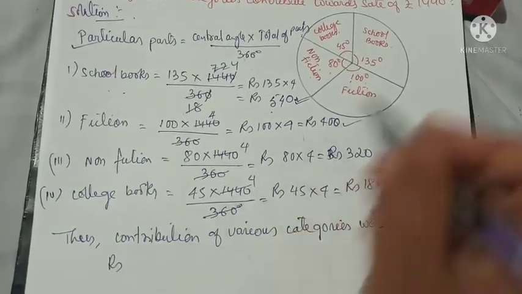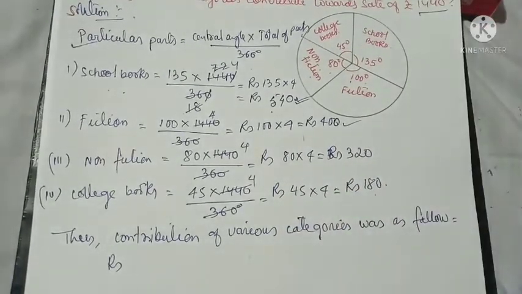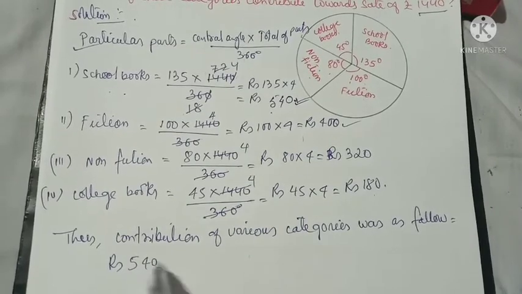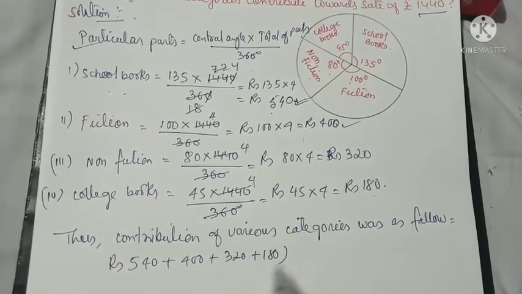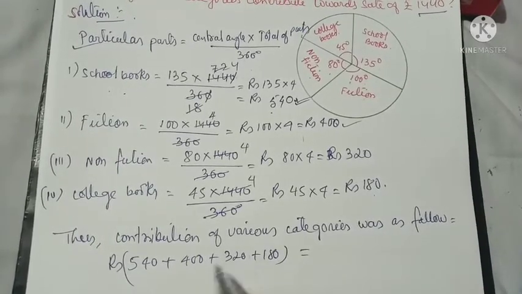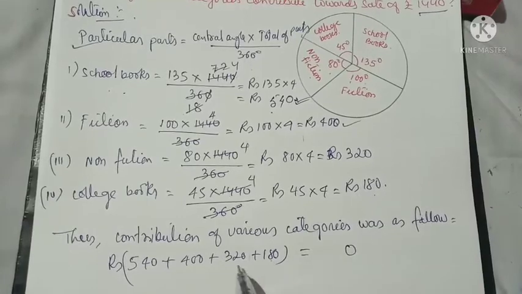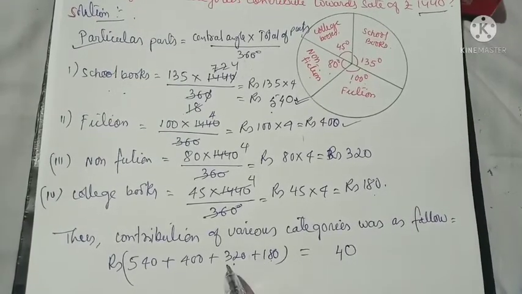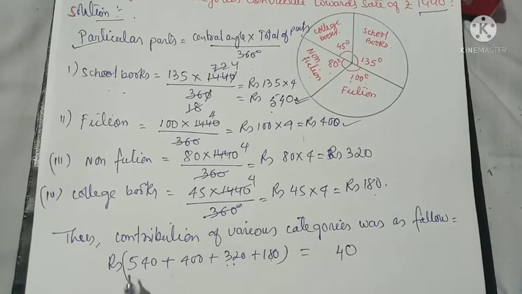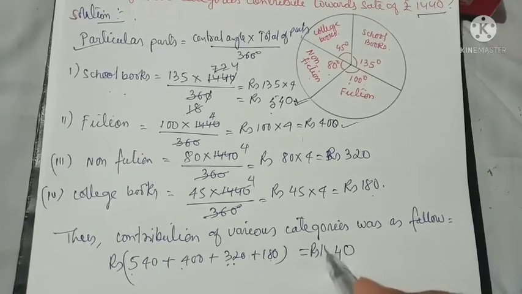We are going to check whether we are getting 1440: 540 plus 400 plus 320 plus 180. What is the answer? 1440.